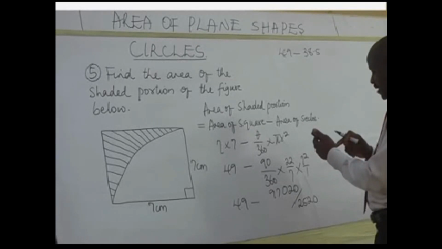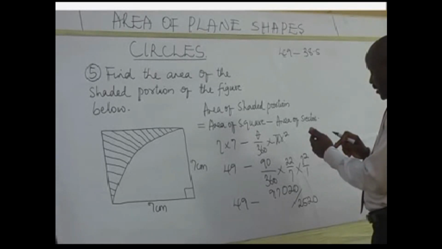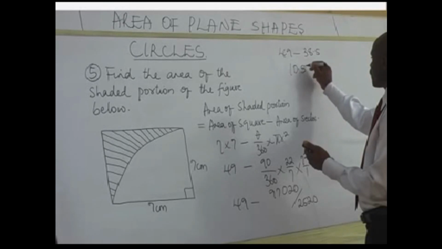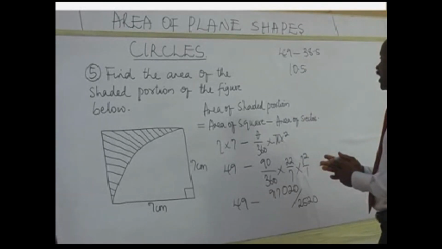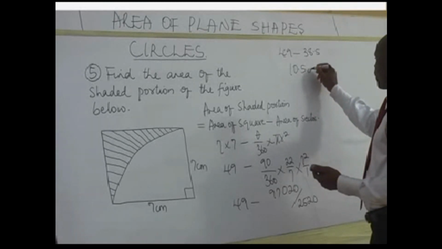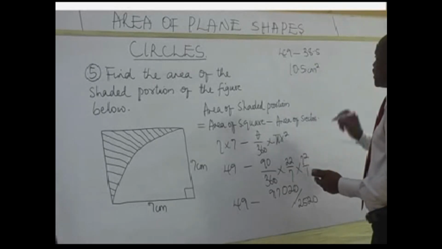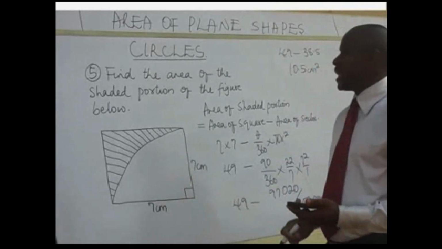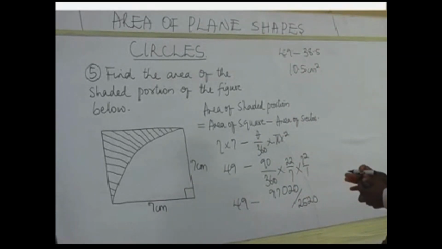Subtract that, 49 minus 38.5, giving me 10.5. So 10.5 centimeters squared is the area of the shaded portion of the figure that the information was given to us. And that is the end of that question.